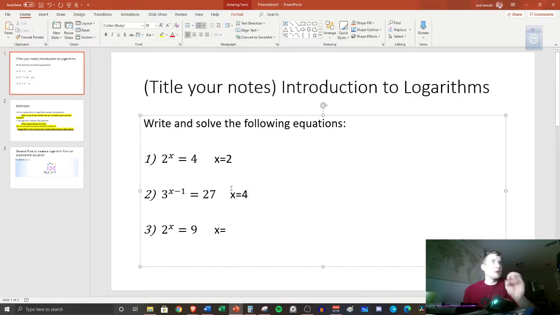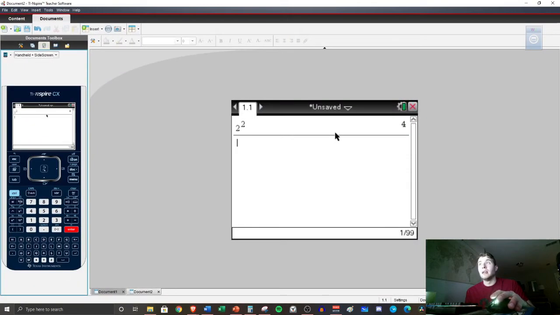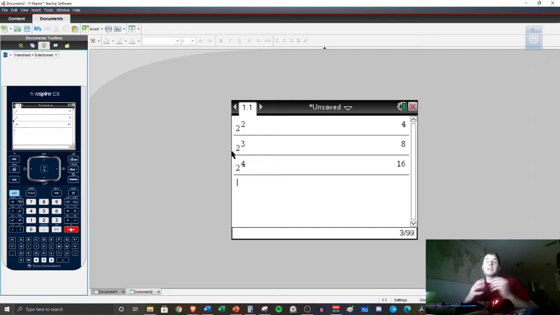And number 3 is really where we run into an issue. Because I think a lot of people would say, okay, well, there is no answer to this. This doesn't work. 2 to what power equals 9? Well, that never happens. 2 to the second is 4. 2 to the third is 8. 2 to the fourth is 16.